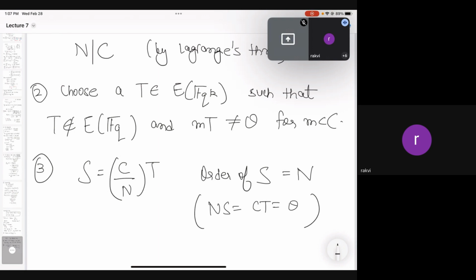And if I add S to itself for any value smaller than n, then it would mean that T has a smaller order than C, which I'm not choosing.